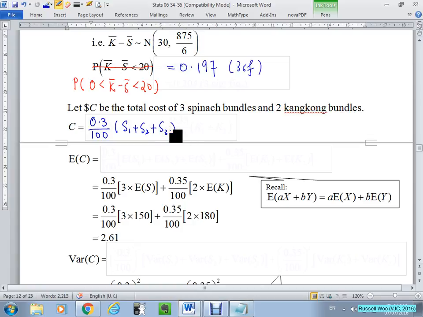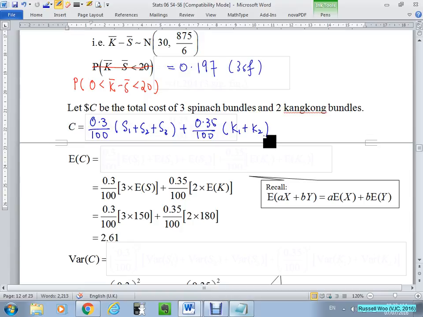Now let's digest this bit first, okay? Because S is in grams, it costs 30 cents per 100 grams. So you must divide this by 100 grams first, then times 30 cents. So therefore it's in dollars. Follow? Make sense? Plus 0.35 divided by 100, K1 plus K2.